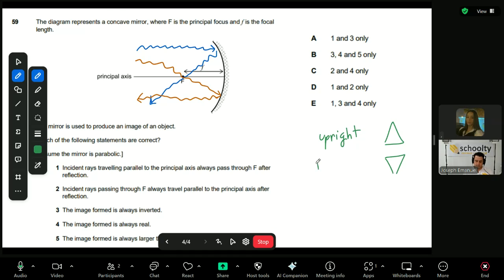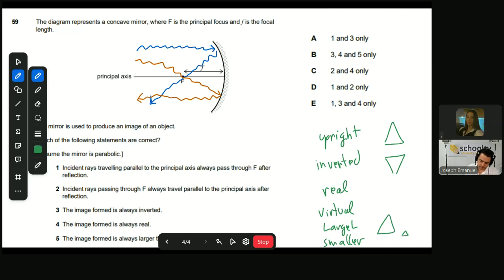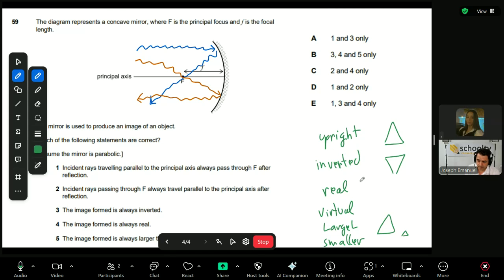If it looks upside down, it's called inverted. You have real, you have virtual, and you have larger and smaller. Larger is just bigger, and smaller is more small.